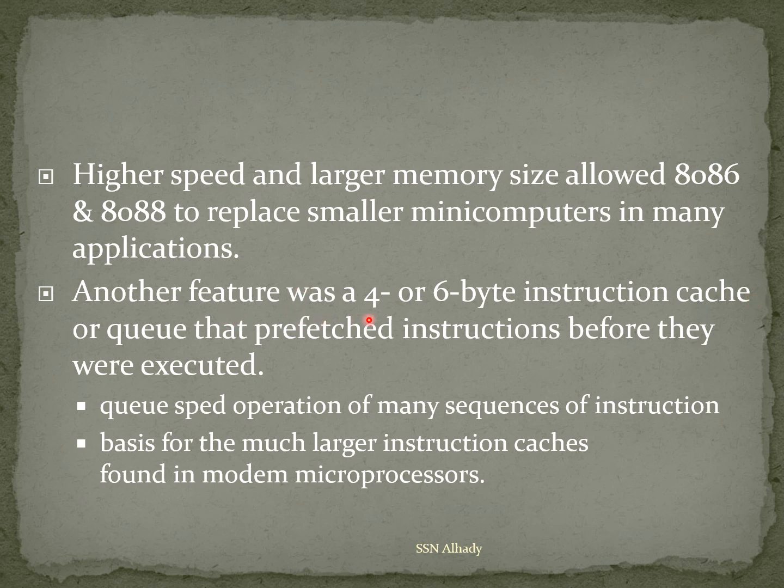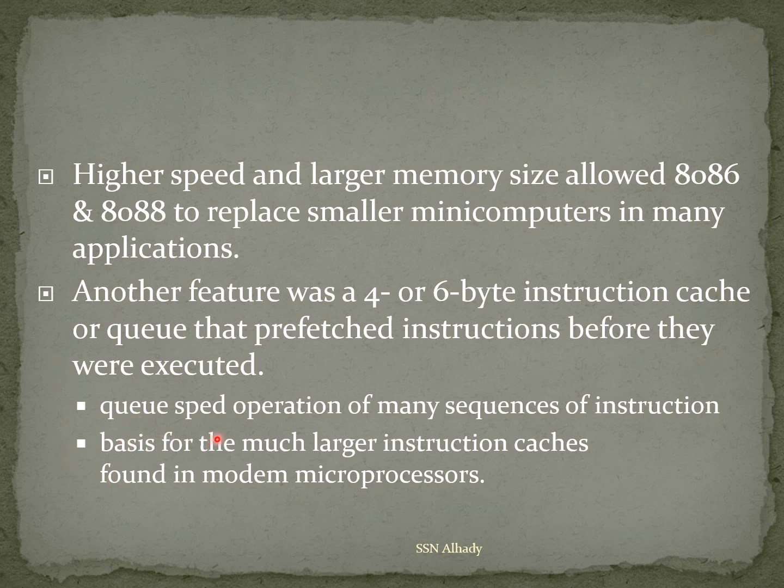Another feature was a 4 and 6 byte instruction cache or queue. This is the one that was introduced in the 8086, different from the previous version, and it is still being used until today. It is called the pipeline. It is a queue that prefetches instructions before they are executed.